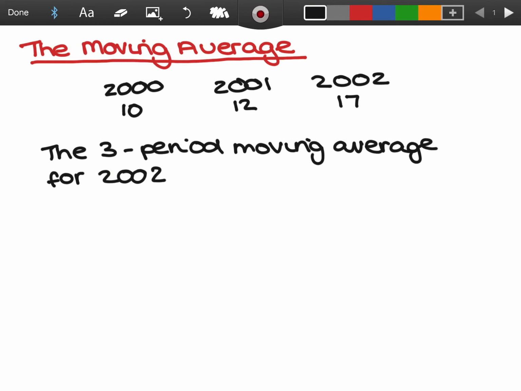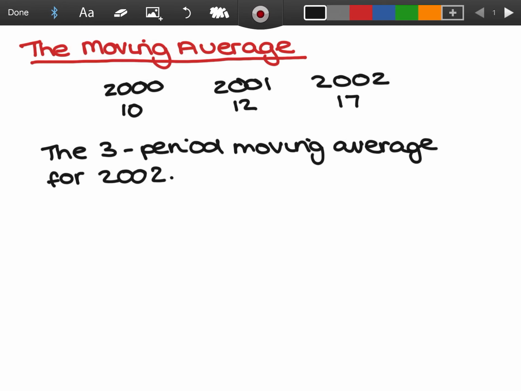for 2002. They'll give you the number of periods that they want. So in this case, we'll look at a 3-period moving average. We want 3 time periods to take an average over. And it's always for the time period that is the last one. So I want a 3-period moving average for 2002.